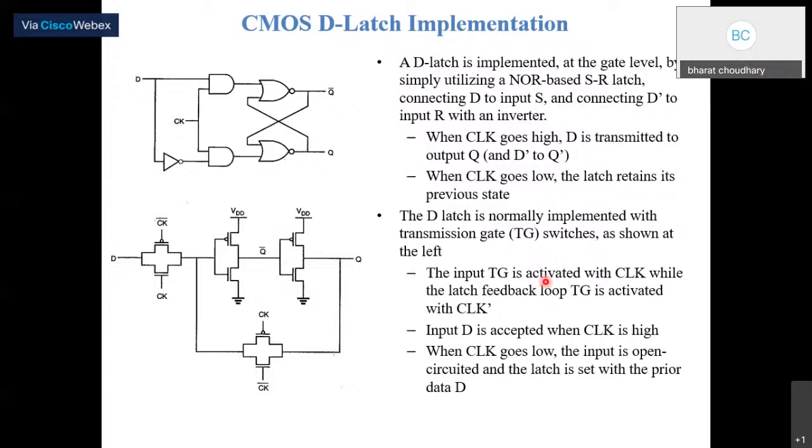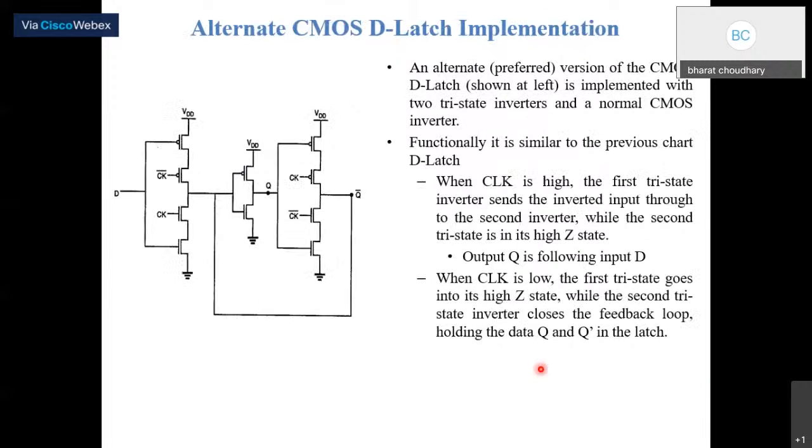If the transmission gate input is activated with the clock, when the clock is low, D will be passed on, and when the clock is high, the feedback path will be on, so whatever we applied at the input side will be held by the output stage. So it is set with the prior data D.